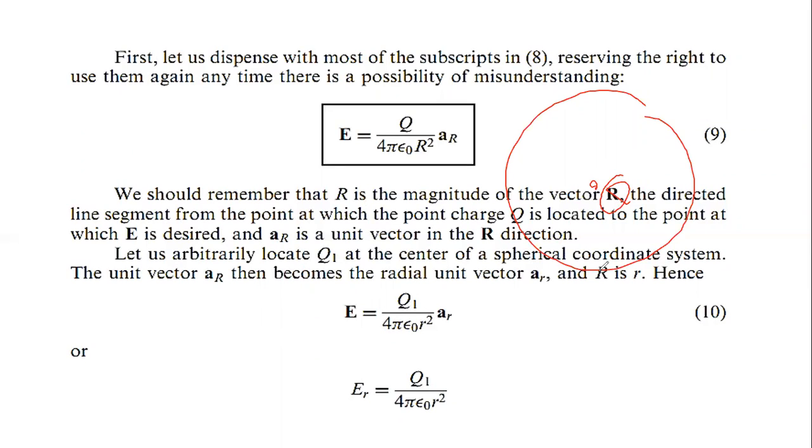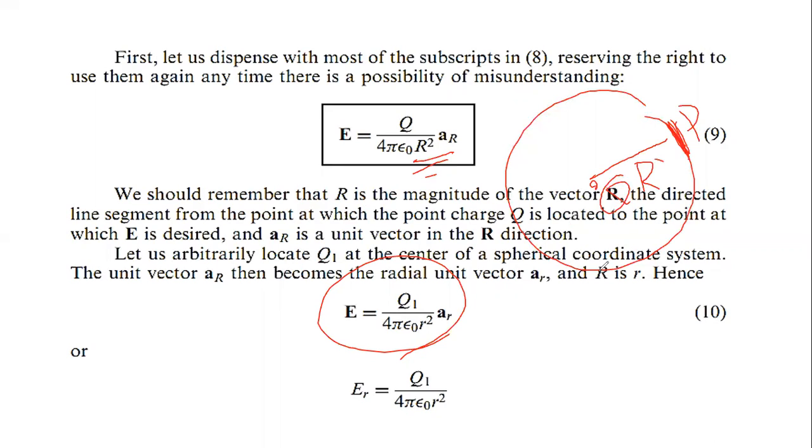Now if you want to find the electric field intensity at the surface of this sphere, so now this R will represent the radius of the sphere, and the electric field intensity at this point P, at the surface of the sphere, will be equal to Q1 divided by 4 pi epsilon naught R square.